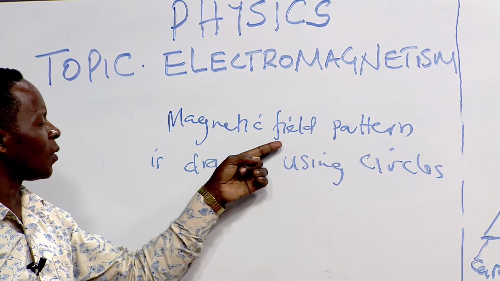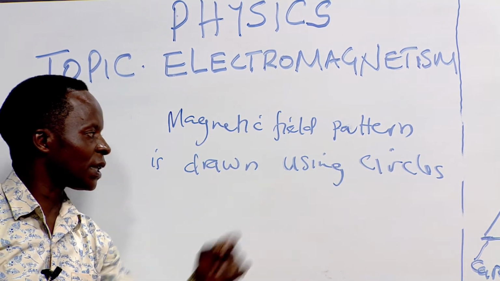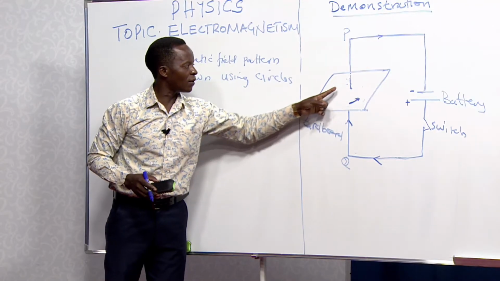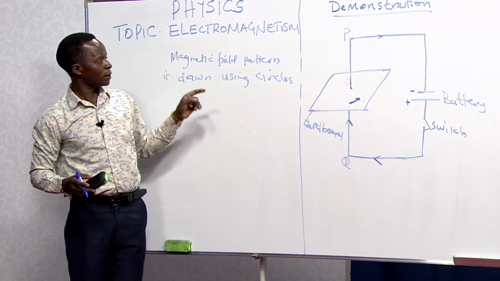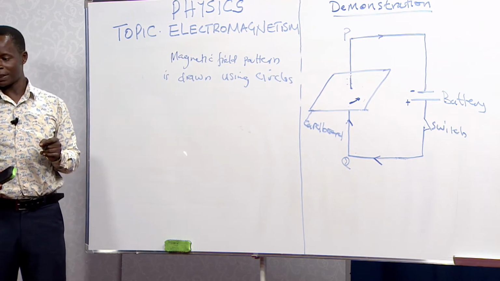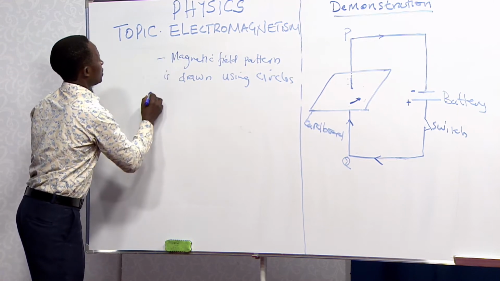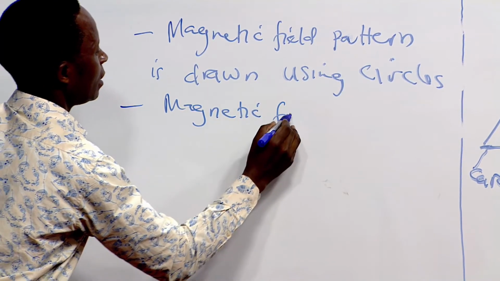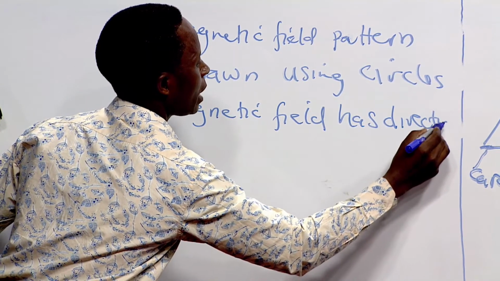The field lines for a magnetic field are drawn using circles, but also using the compass needle. We have said that the compass needle will show you the direction. Therefore, these circles have direction. The circles have direction. So we are saying the magnetic field has direction.